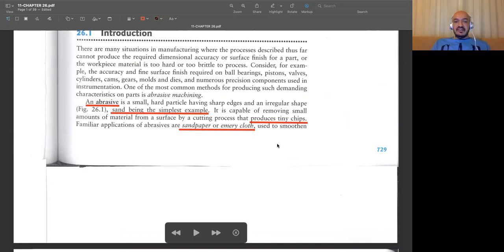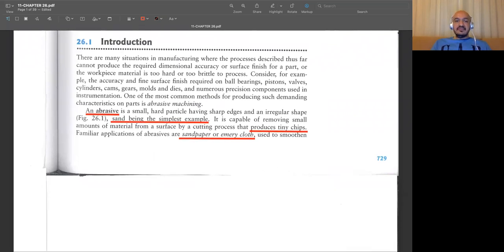So that's why we use many thousands of them at the same time on a paper or a kind of wheel, so that the material removal rate is increased to acceptable levels, and we can do some finishing operations. The simplest type of abrasive particles is sand, which has an irregular shape. So these are the things I can say about abrasive particles.